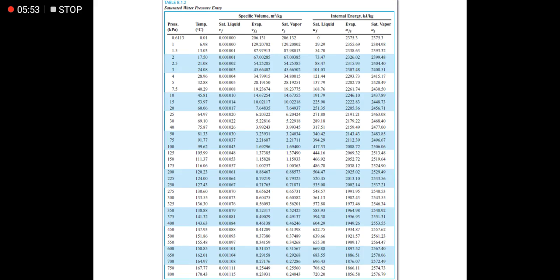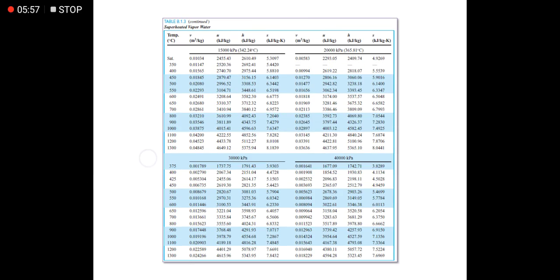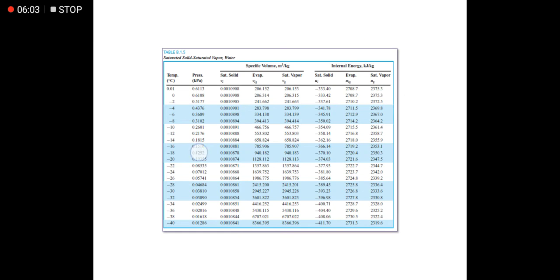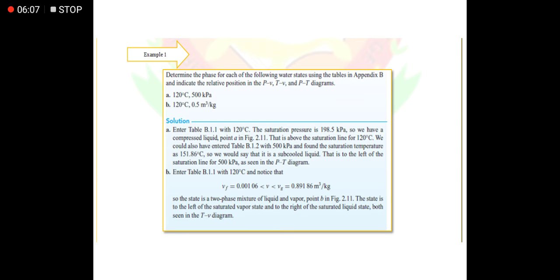Okay, continuation. So we have here different tables to be used. Nandiyan na lahat yung table B, up to table B.1.5, okay? So dito tayo sa examples. So sabi dito, determine the phase for each of the following water states using the table in appendix B and indicate the relative position in the PV, TV, and PT diagrams.